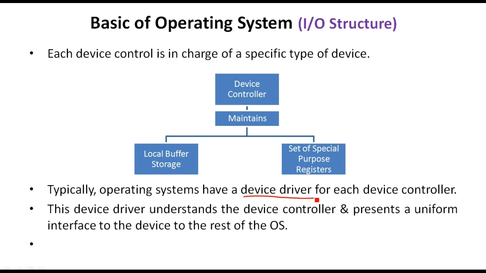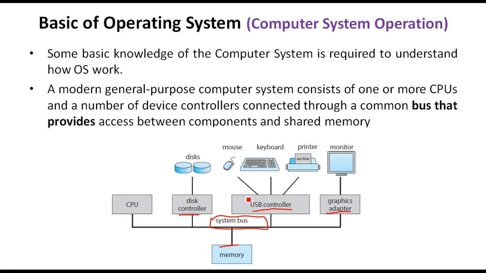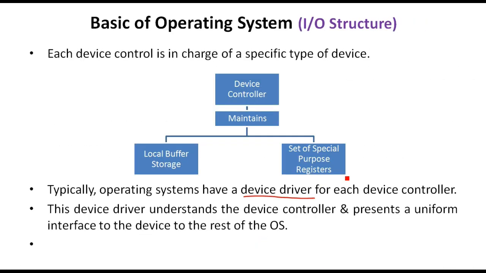So for every device, whether it is an IO device, as we have seen in this example, every USB controller, disk controller, graphic adapter controller, memory controller, every controller has a device driver. That is the meaning of a driver for each device controller.